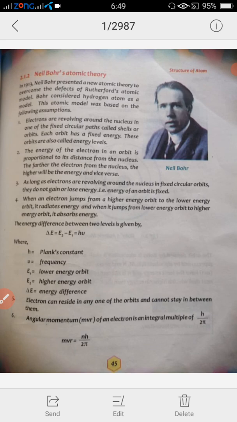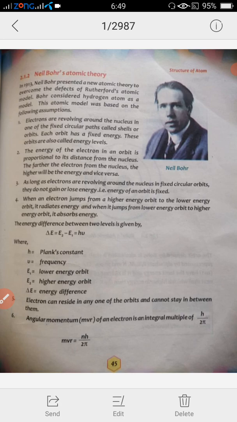So students, in 1930, a scientist known as Niels Bohr presented his theory, which is known as the atomic theory. Actually, this theory was presented to overcome the defects of Rutherford's atomic model.